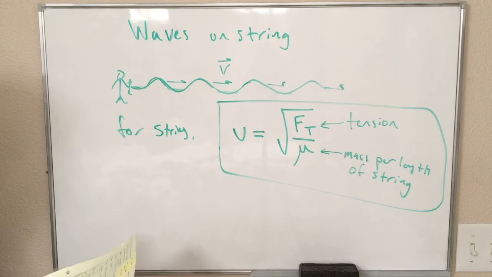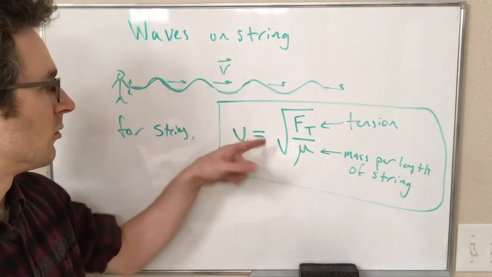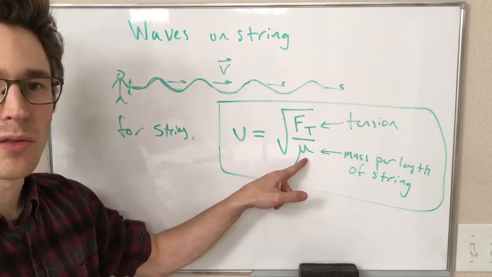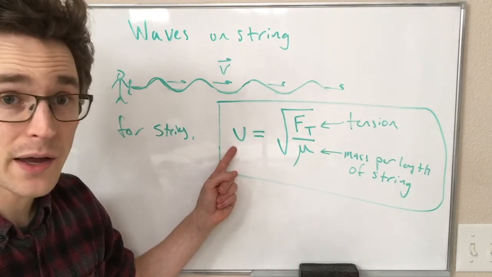So this is kind of a cool equation. We'll see some examples where we plug in realistic numbers for tension and mass per length of strings, and you can see that these velocities get remarkably high.